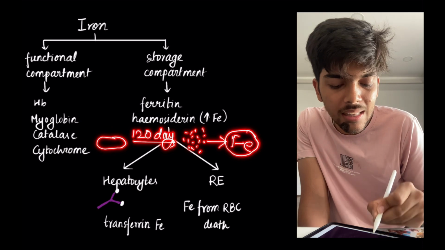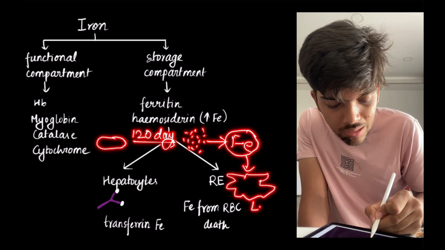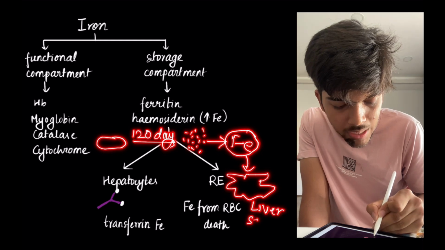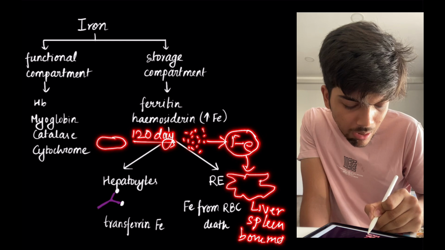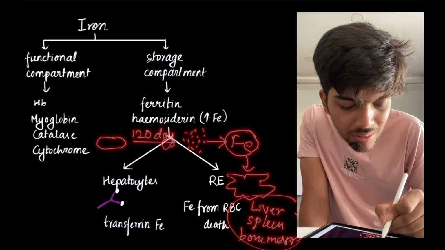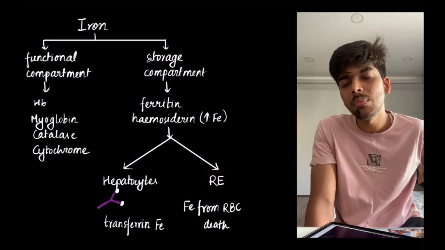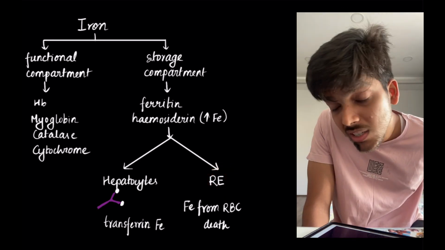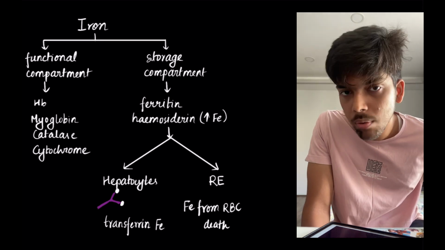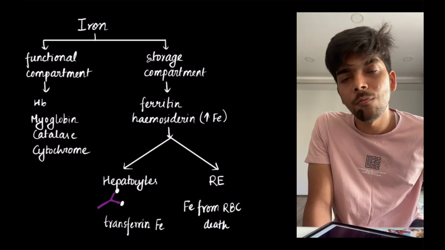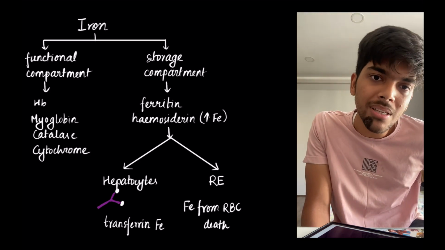This iron is then stored inside macrophages of liver, spleen, bone marrow, etc. This is what we call the reticuloendothelial system. The reticuloendothelial system is composed of macrophages of different organs in your body like liver, spleen and bone marrow. Inside these macrophages, the iron obtained from destruction or death of RBC is stored.